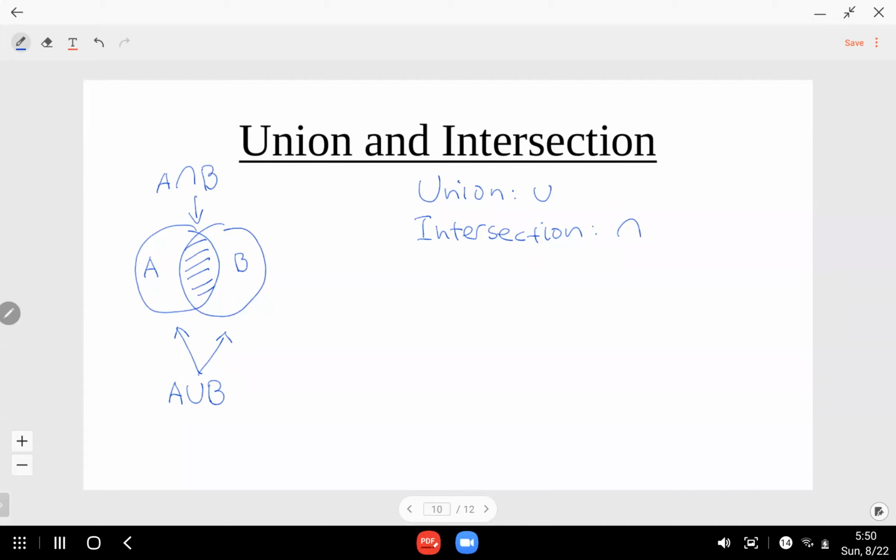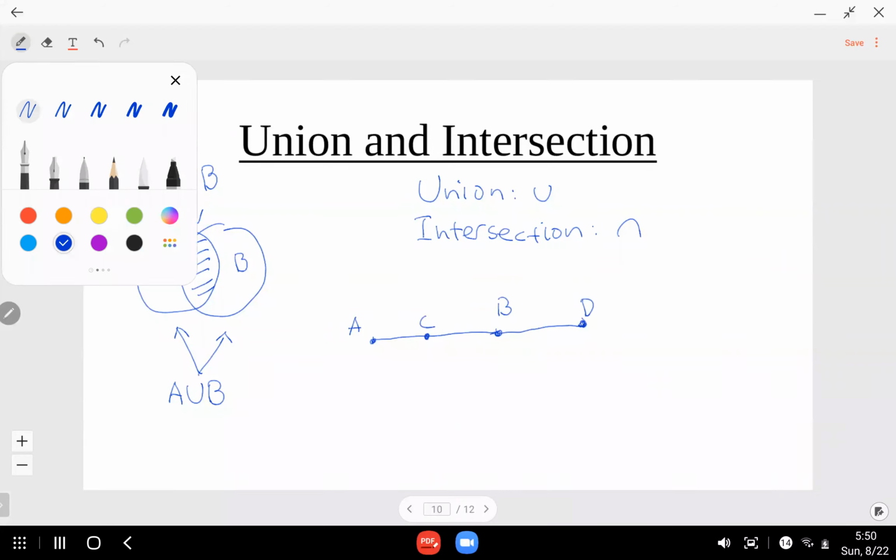Intersection is you have segment AB, and you have segment CD, C and D. Let me use the highlighter.